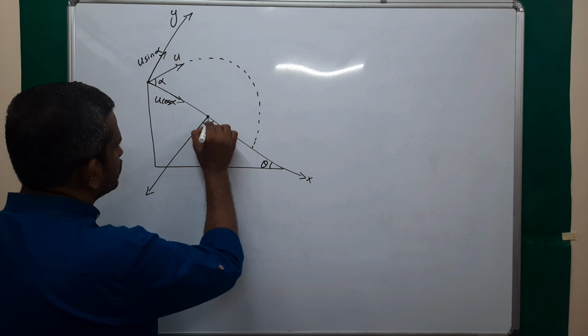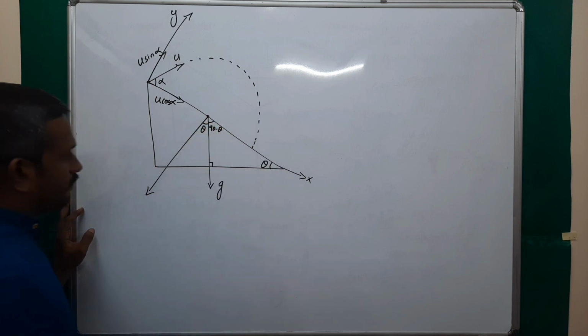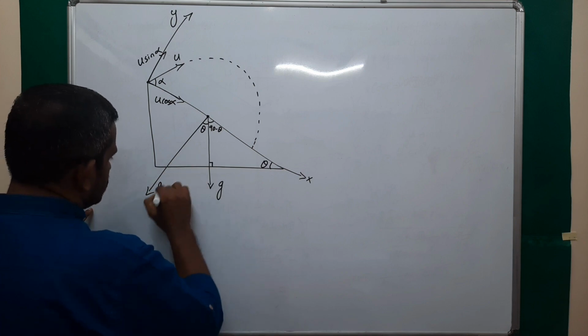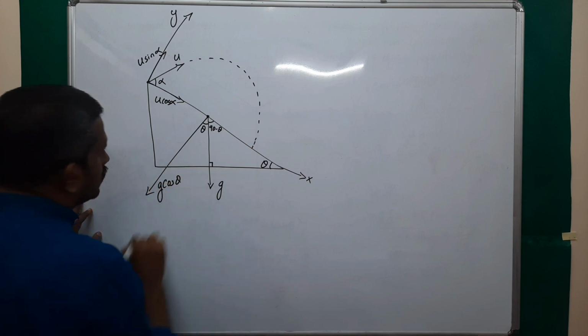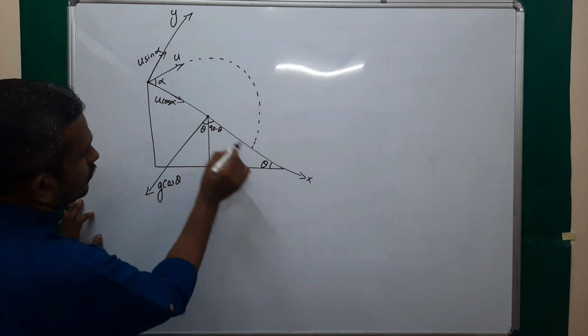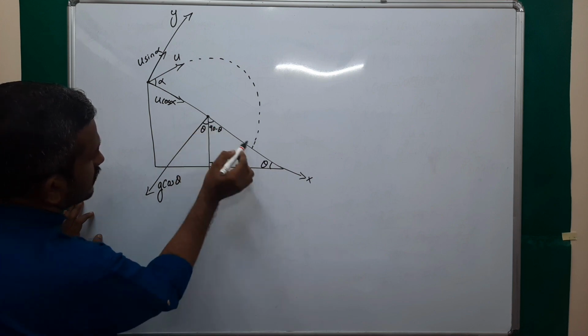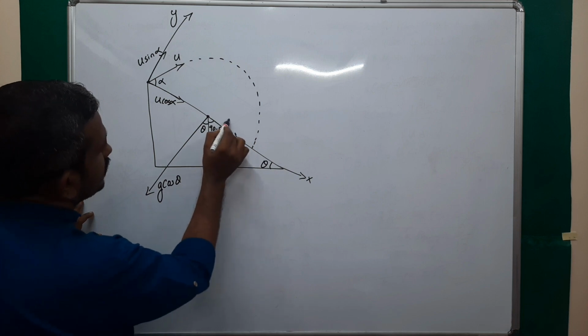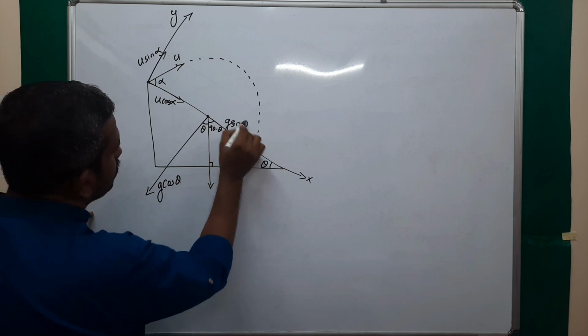Definitely this angle is theta. So this is g cos theta, and the acceleration component along the plane is g sin theta.